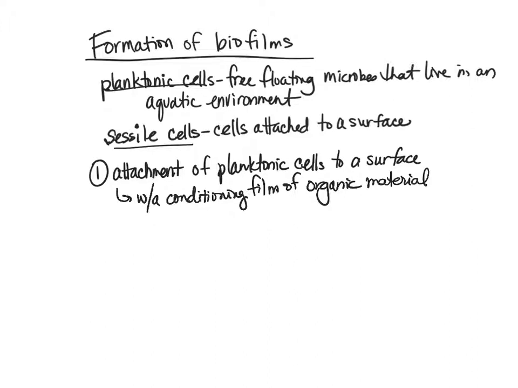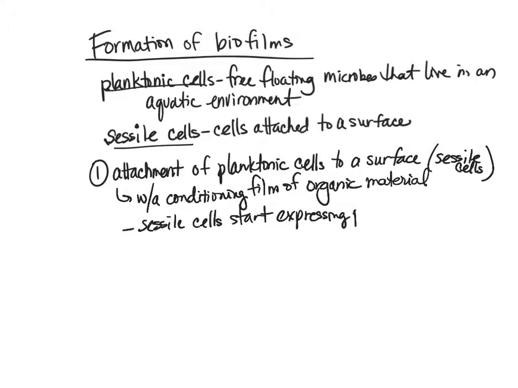Within step one, once this has attached, it is now called a sessile cell, because we've gone from planktonic to attaching to a surface. Now these sessile cells are going to start expressing a different type of phenotype, and this phenotype is what is going to facilitate the formation of the EPS matrix.